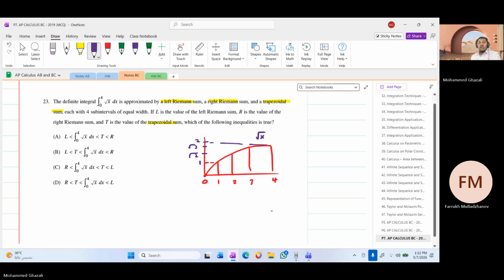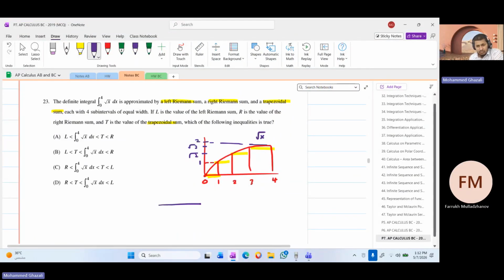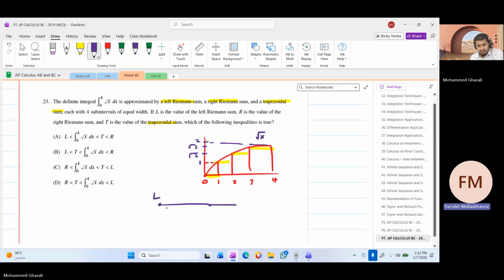Now, if I use the left Riemann sum, I'm basically under approximating because I take that one, that one, that one, and the last one. I take 4 rectangles, which is nothing here, then 1, 2, 3. So the left Riemann sum will give me the smallest value.